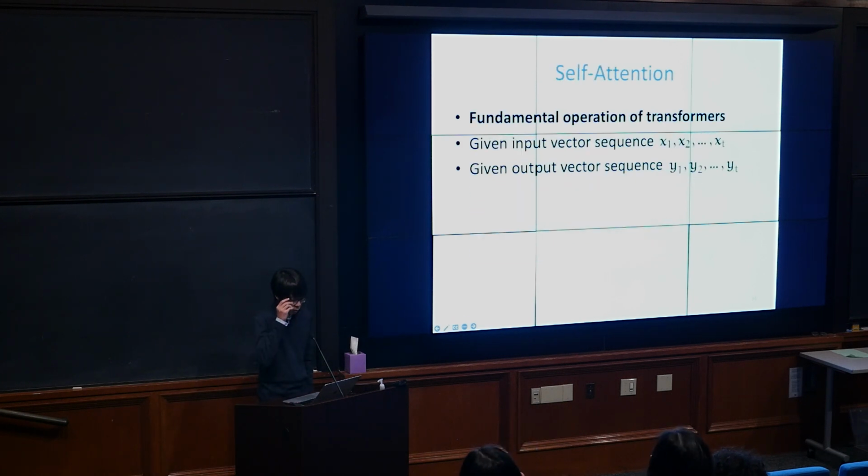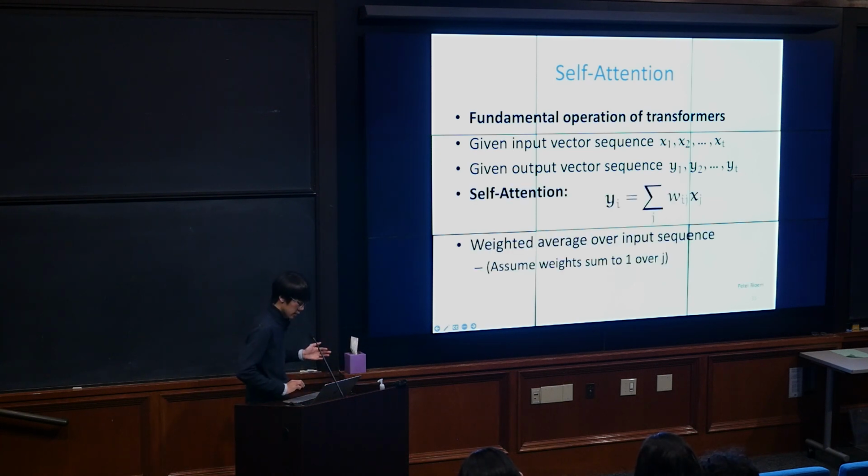Like I said before, this self-attention step is the fundamental operation of transformers, and this is what underlies all of that initial performance gain. So, given some input vector sequence X, we're trying to generate some output vector sequence Y, right? So this is a traditional seq-to-seq.